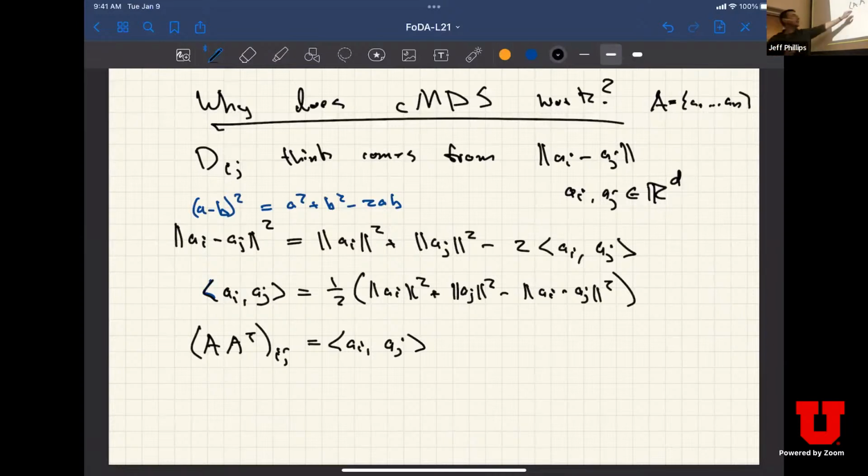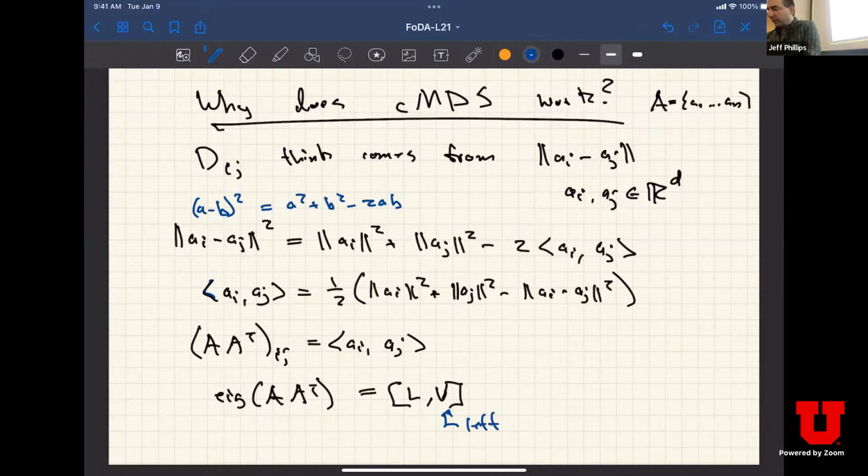So what's great is that if I have this A A transpose, then the eigen decomposition of A A transpose gives me L and V, where these are the left singular vectors of A, and these are the squared singular values of A. So if I just have all the inner products, this is enough to put them together.